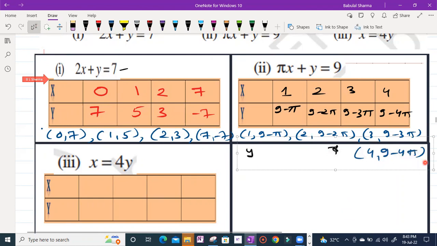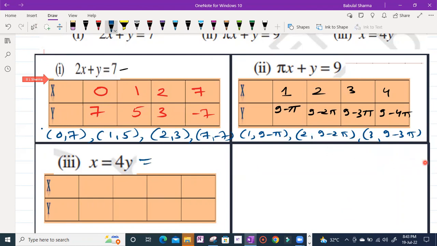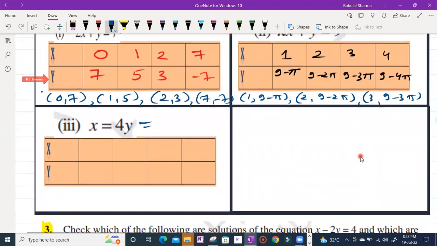Now we come to the third part of it. ये third part है हमारा, ये रहा. This is third part. That is x is equal to 4y. Okay.